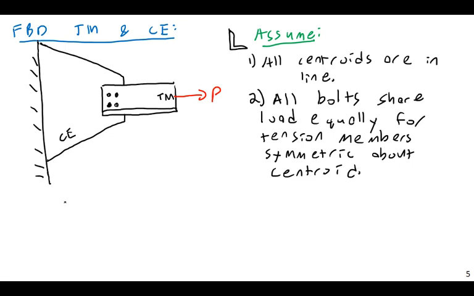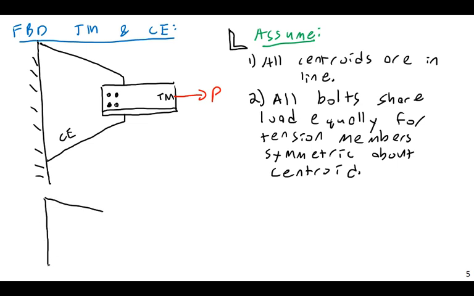Okay, so now I'm going to draw a free body diagram of the, you know what, I'll go whole hog. I'll actually draw the big old free body diagram for the connecting element, for the bolts, and for the tension member.